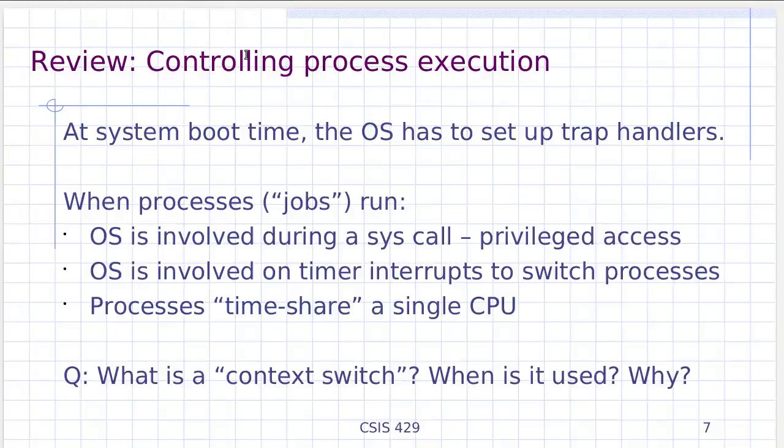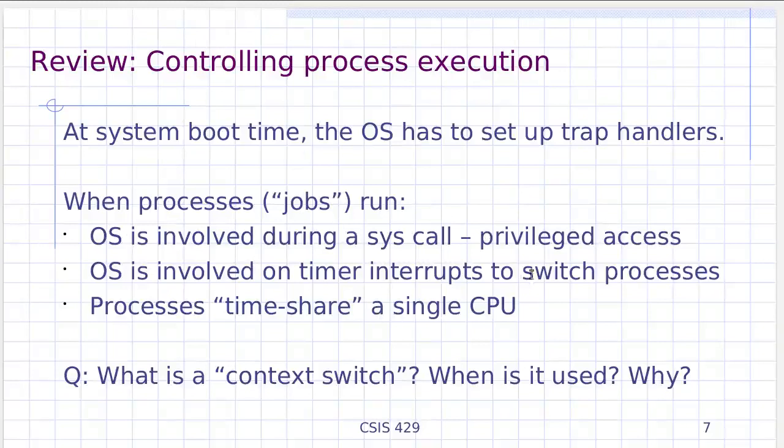Also, we looked at how to control process execution. At system boot time, the operating system sets up what are called trap handlers. And when each process runs, the operating system is involved in every system call because there is an elevation of privilege. The operating system is also involved on timer interrupts to switch processes.